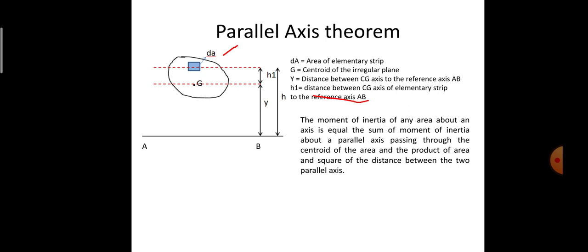The distance between the centroidal axis G and the reference axis AB is equal to Y, and H1 is the perpendicular distance between the elementary strip centroidal axis and the centroidal axis G. Then H represents the centroidal distance of the elementary strip to the reference axis AB.